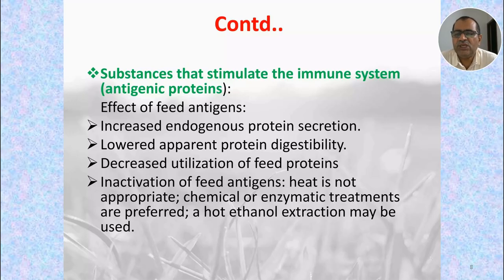So the effect of feed antigens is going to increase endogenous protein secretion. So the body also produces a lot of proteins by utilizing the different amino acids. Then the increased endogenous protein secretion will be made by certain substances. Then there will be a lowered apparent protein digestibility.